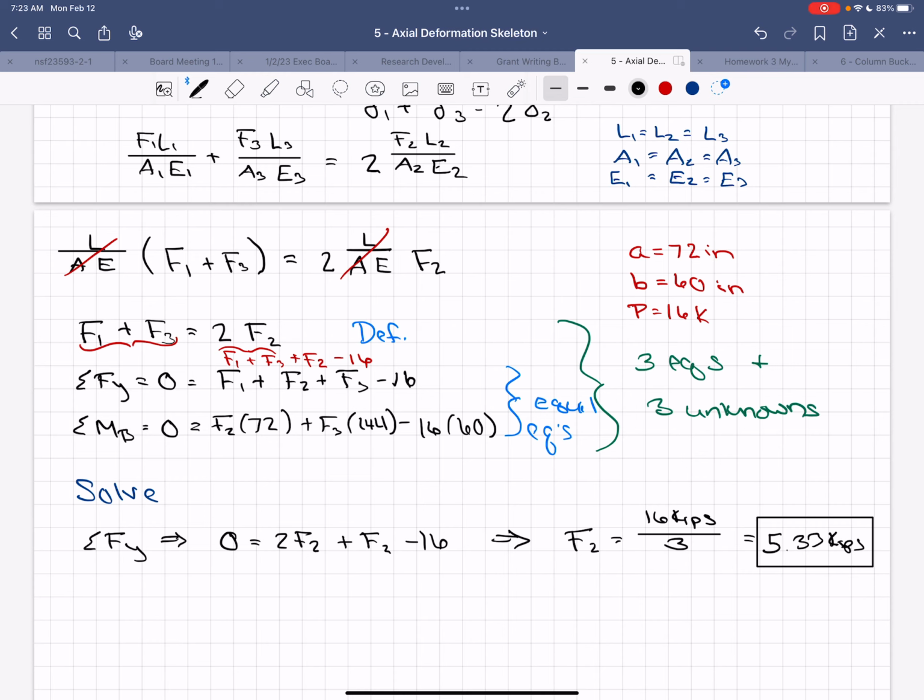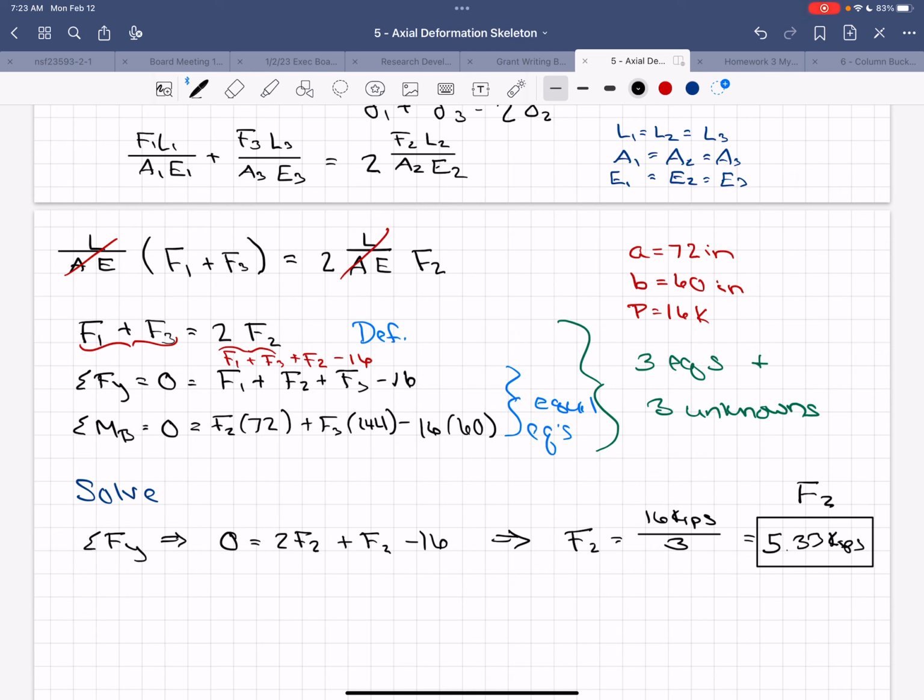So we're going to use our sum of the moments about B equation. So now we know what F2 equals.